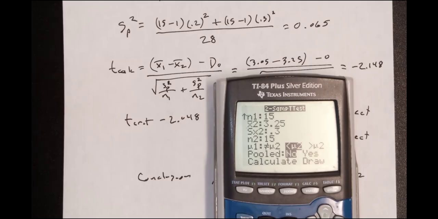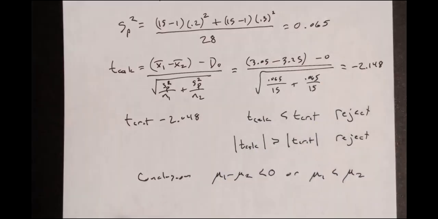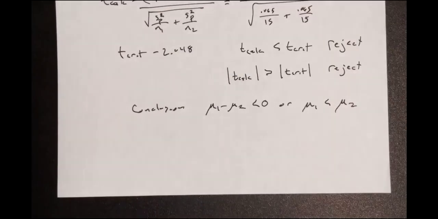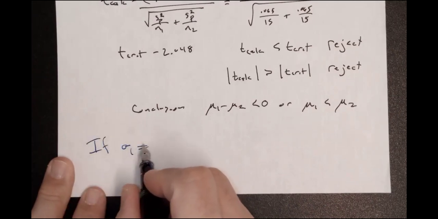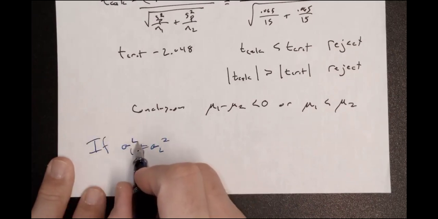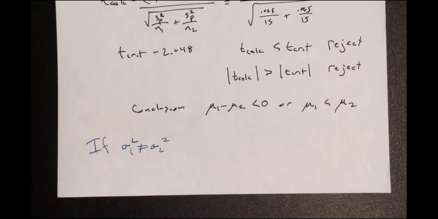So what happens if I don't pool my variances? Well, if I don't pool my variances, things get ugly. We assumed equal variances.